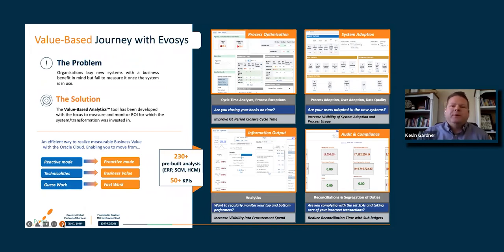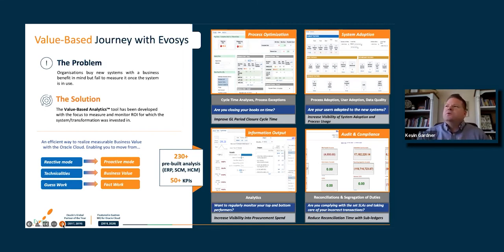And when you're able to see a report on who's accessing and what areas they're using, you're able to really understand whether there's a training gap or there's a business process gap. And so collecting information in certain areas, key performance indicators, really allows you to do that. Of course, you see audit and compliance and information output.